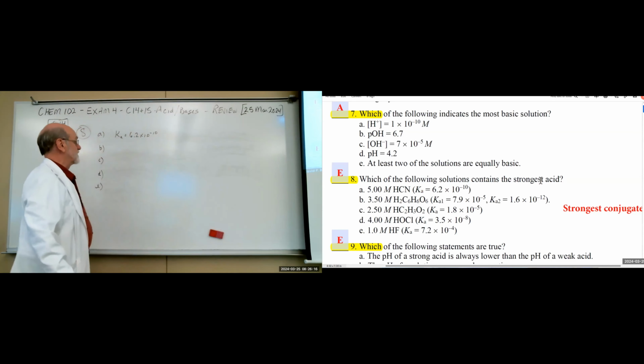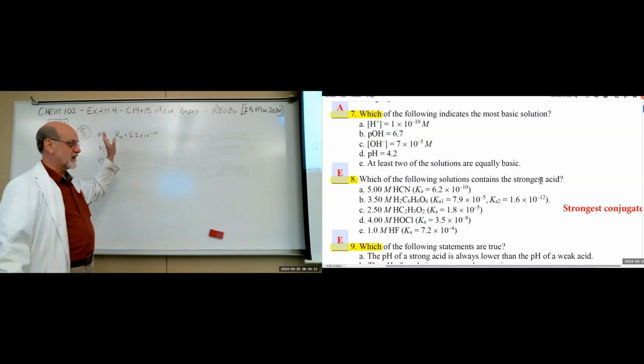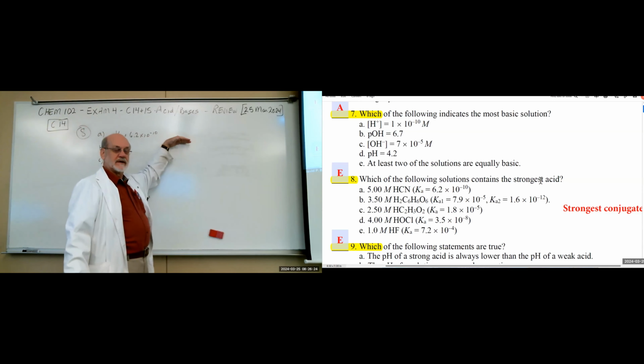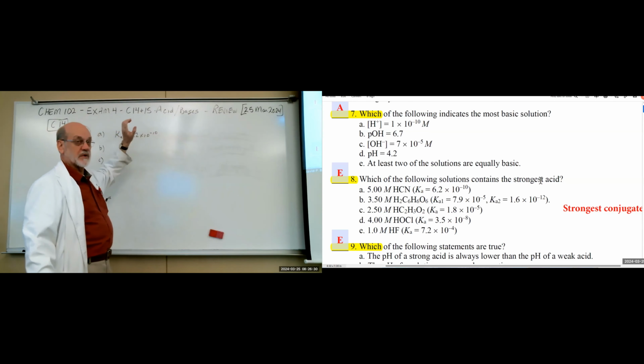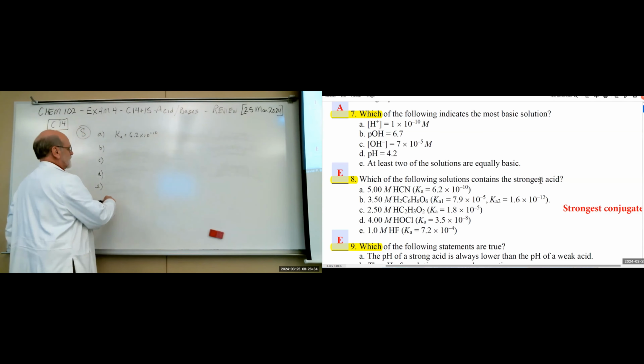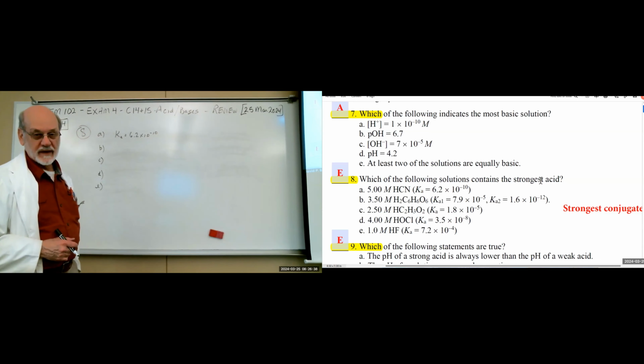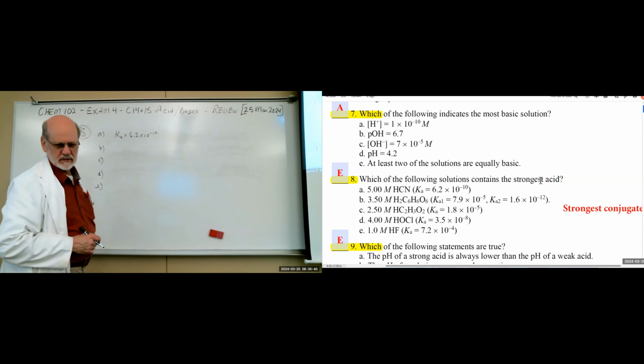That's a very weak acid. The larger the K, the stronger the acid, right? Because the product is in the numerator, and part of that product is hydrogen ion concentration. So the bigger this number, the more hydrogen ions you have, the more acidic it is. So that one's relatively weak. How about the next one?